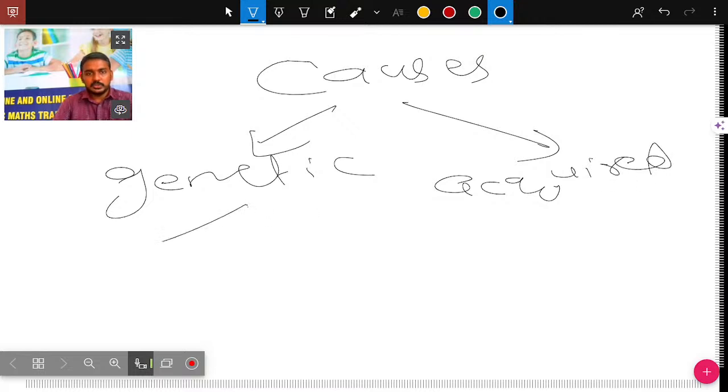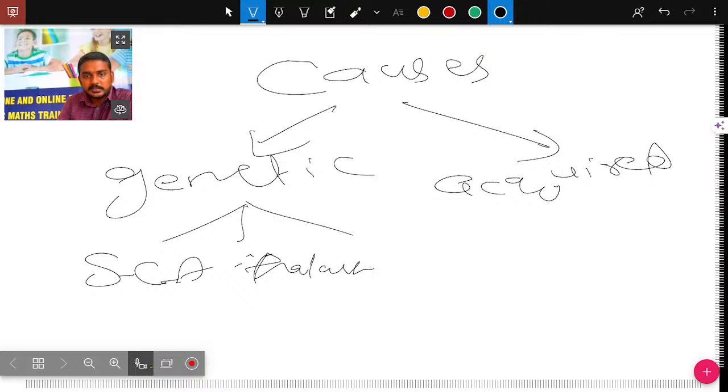What are those genetic causes? Genetic causes, you can say, like sickle cell anemia, thalassemia.